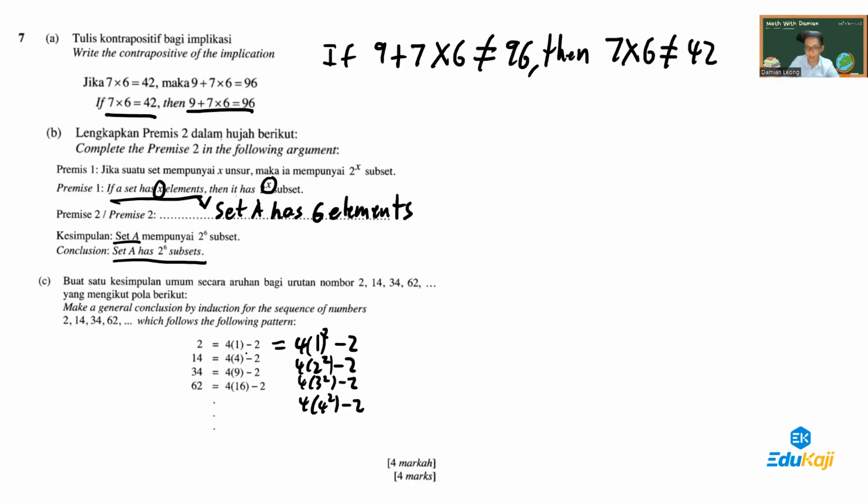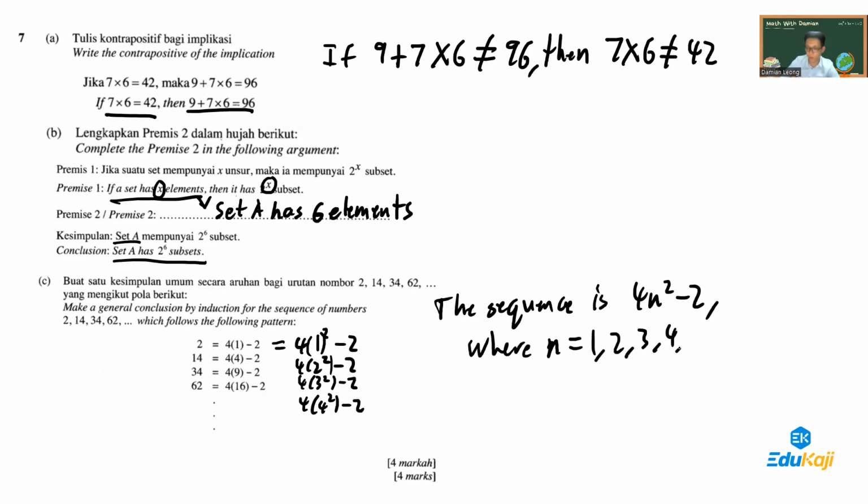Means it's the same as 4n square minus 2. So the sequence is 4n square minus 2, where n is 1, 2, 3, 4, and so on. Okay, that's the conclusion.